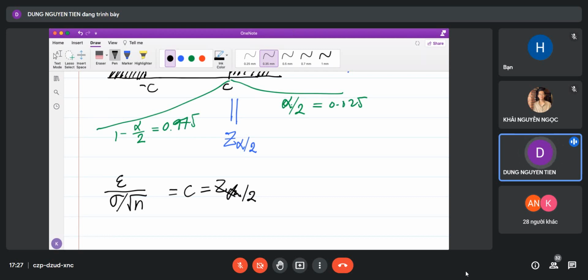Any questions, everybody? Then you can solve for epsilon to get z alpha over 2 times sigma over the square root of n.